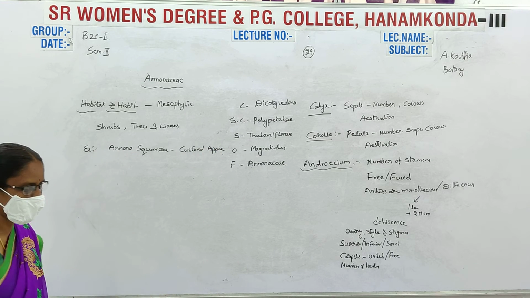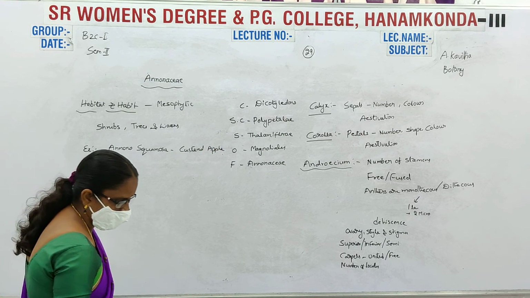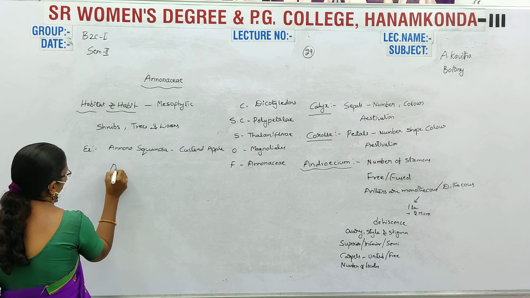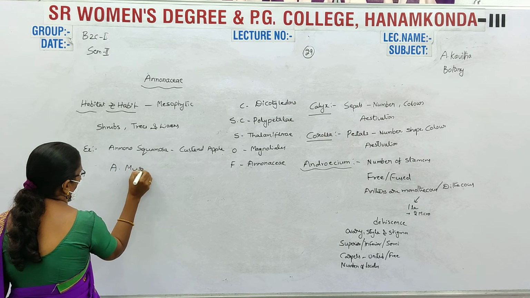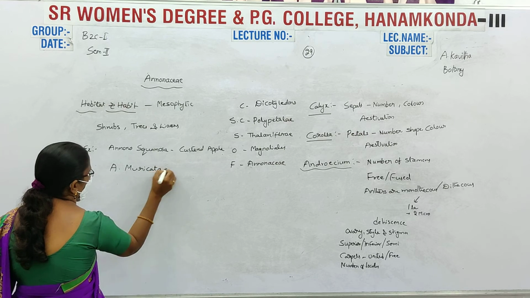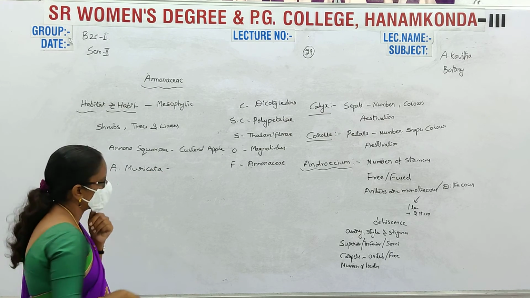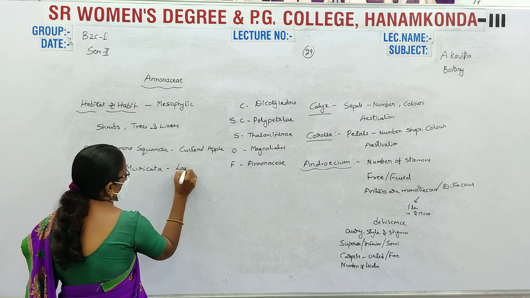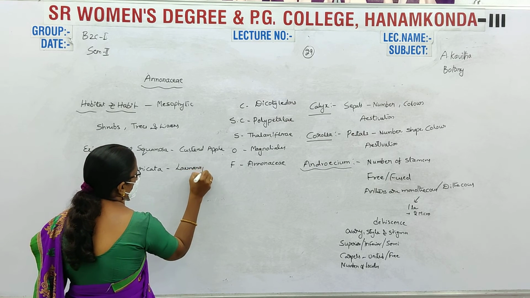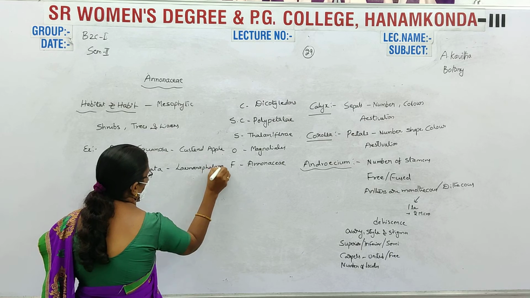And Annona muricata, the Lakshmana Phalam tree.